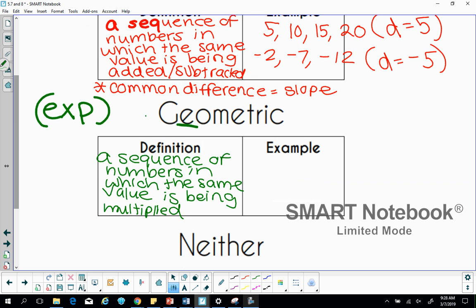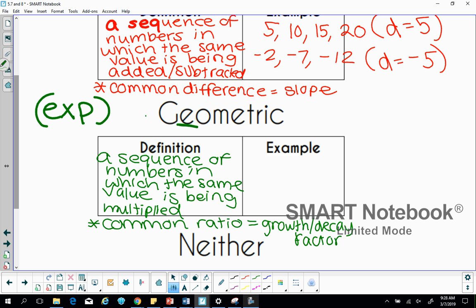This is called a common ratio. A common ratio is your growth or decay factor, or your B. They use R for the common ratio instead of B.